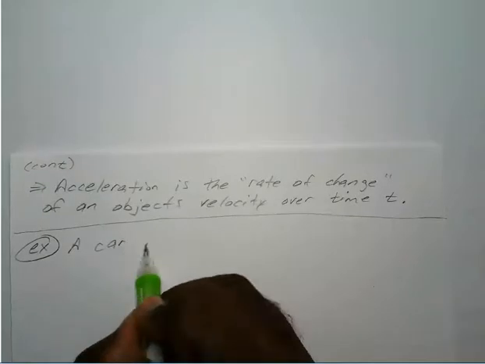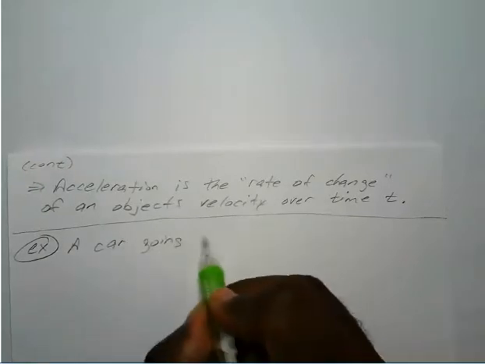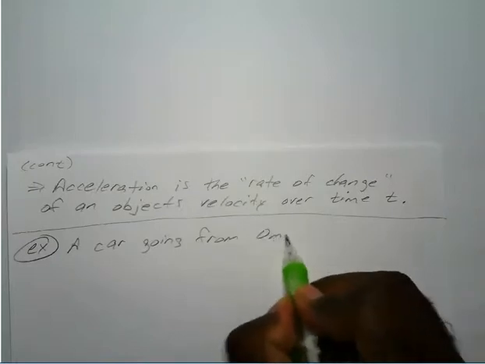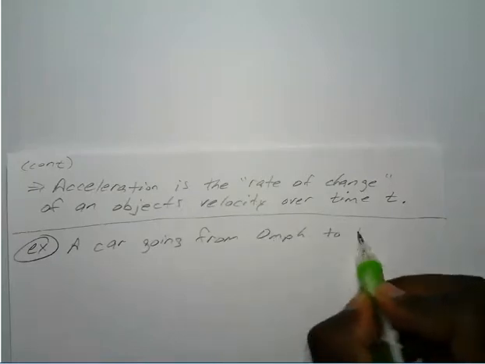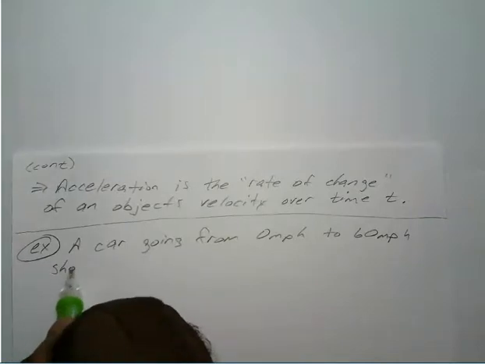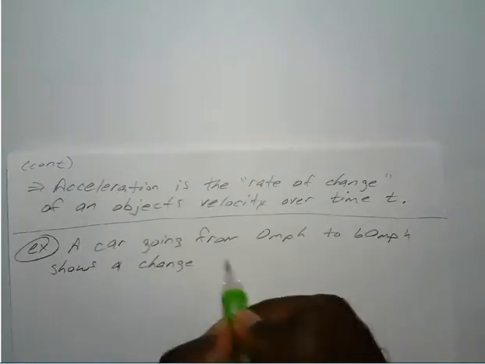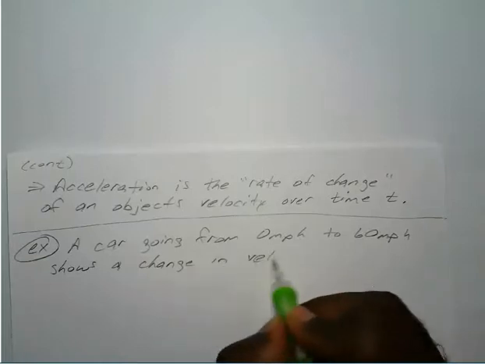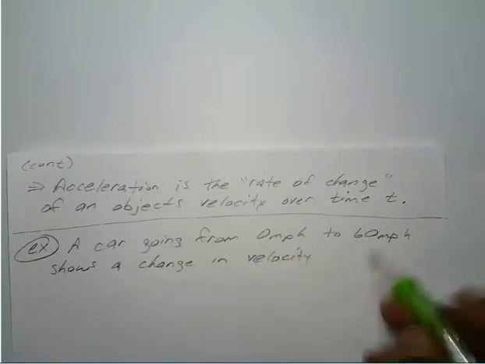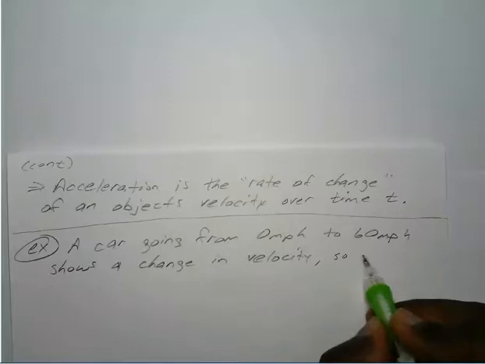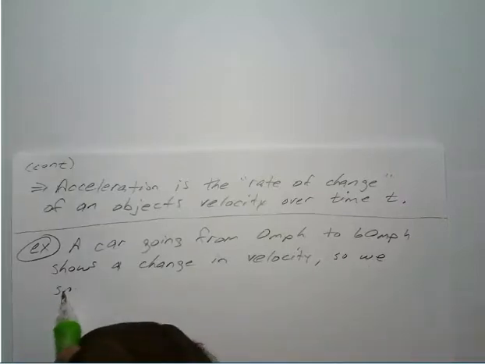So a car going from 0 miles per hour to 60 miles per hour shows a change in velocity. So we say it's accelerating.